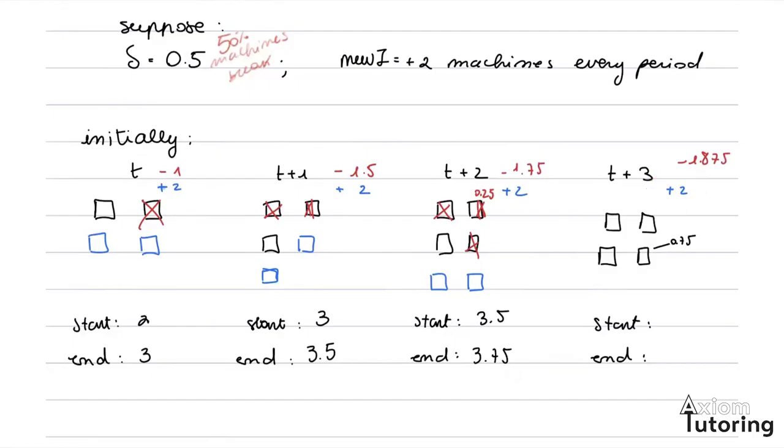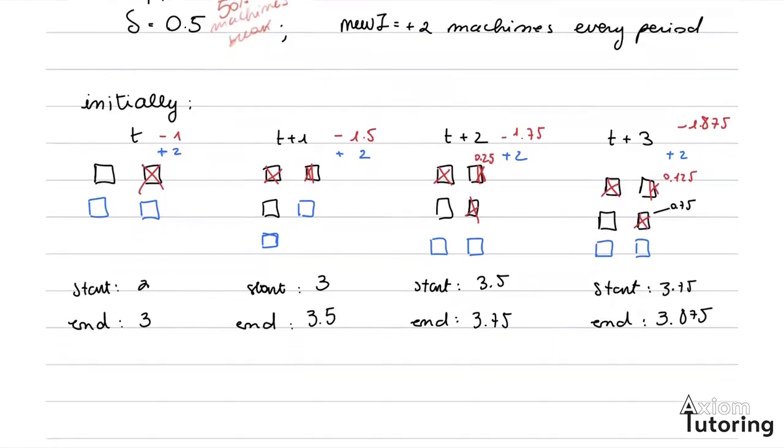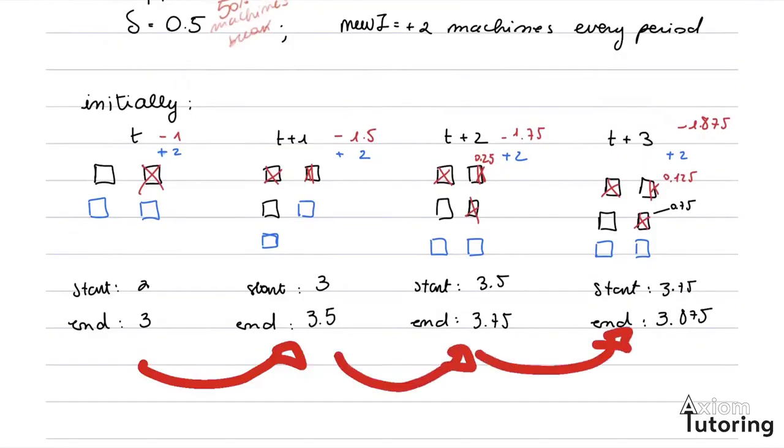So we are canceling 1, we are canceling this, and we are canceling something like 0.125 of this machine, but we are also adding 2, meaning that we have 3.75 machines to start with, and we end up with 3.875. So again, the main takeaway of this demonstration is to show you that the increase in capital decreases.